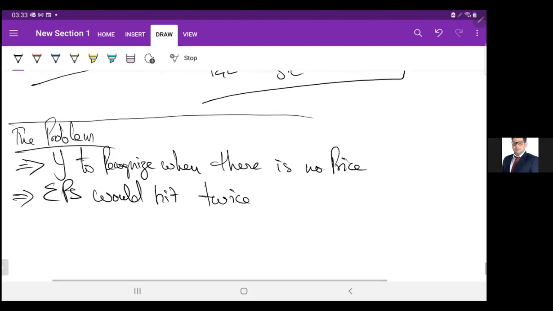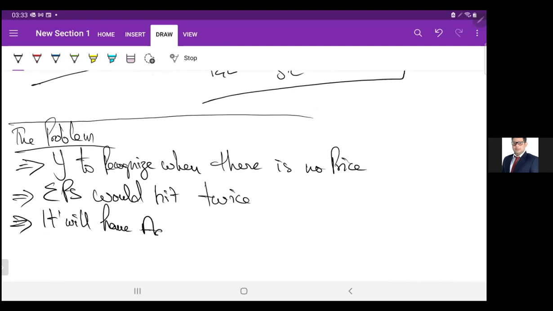Number third, they claimed that it will have adverse economic consequences.